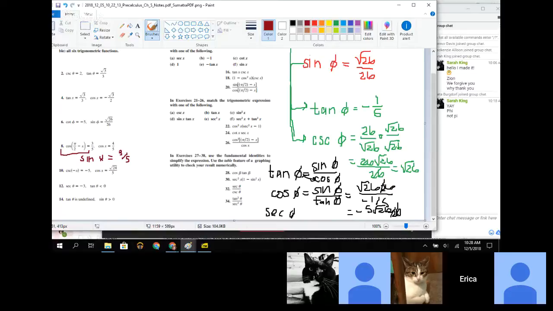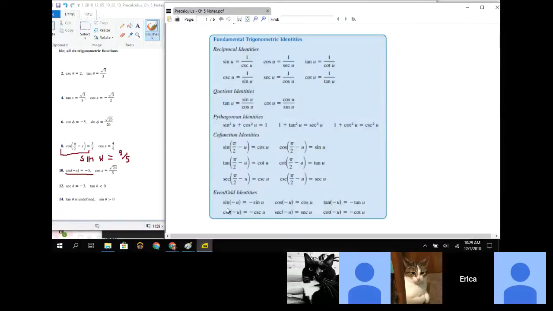Okay, looking down the road here, you have the cosecant of negative x equals negative 5. So then again, look back at your chart and say, oh, if the cosecant is negative on the inside, I can rewrite this as negative cosecant of u or x or whatever it might be.